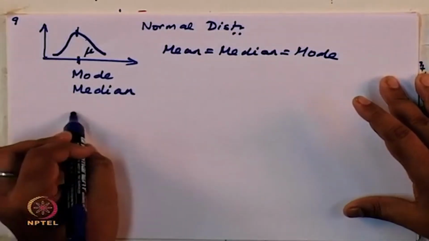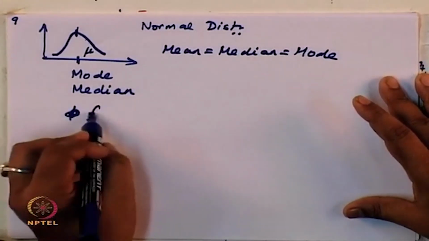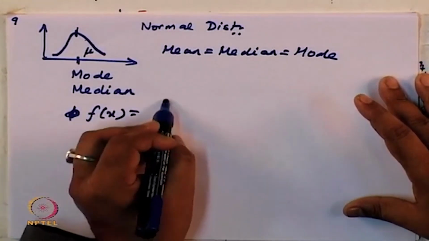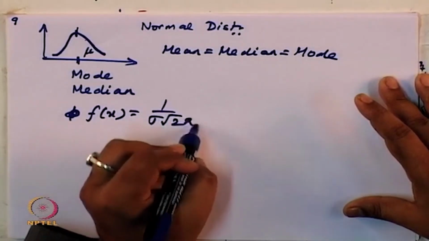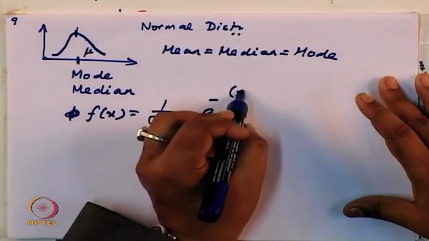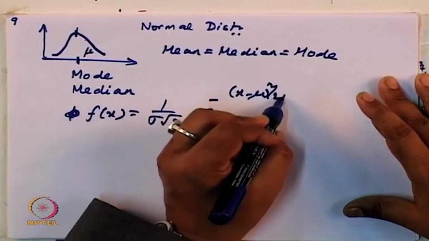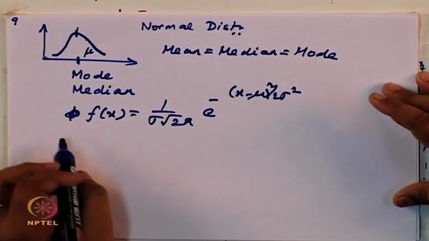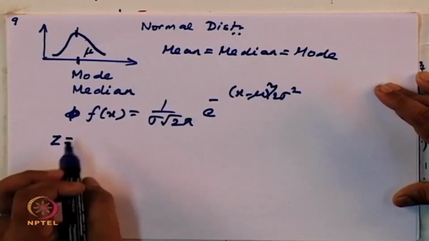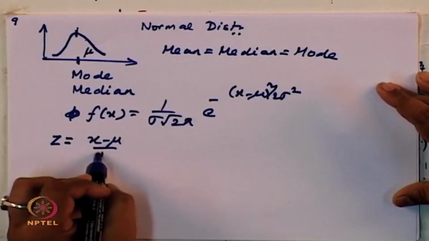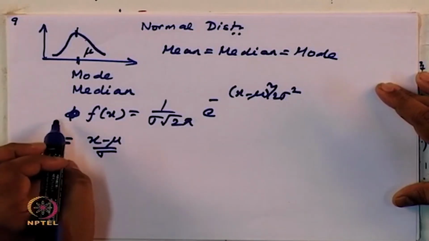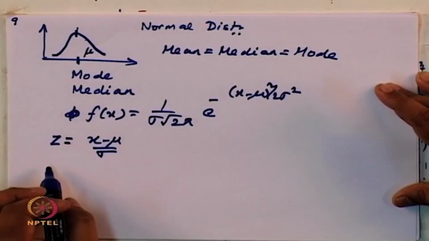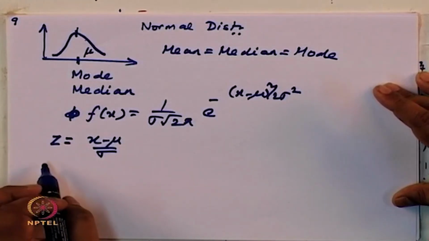Now, if I know that f of x is defined as 1 by sigma root 2 pi e to the power minus x minus mu whole square by 2 sigma square, I can define this variable z as x minus mu by sigma. Then for this f x I can find a cumulative distribution function.